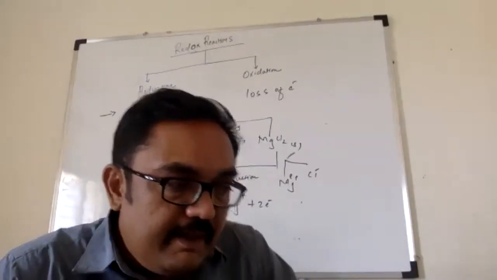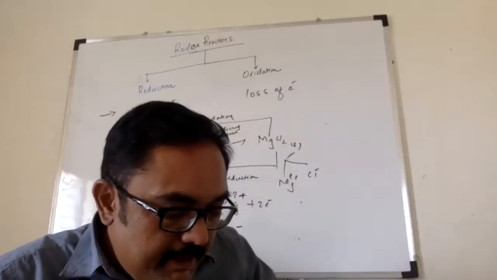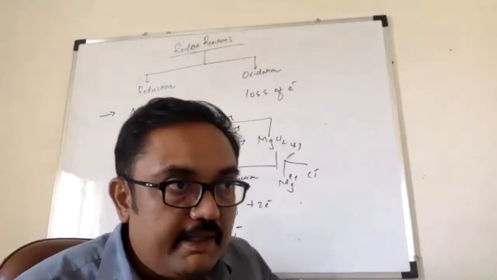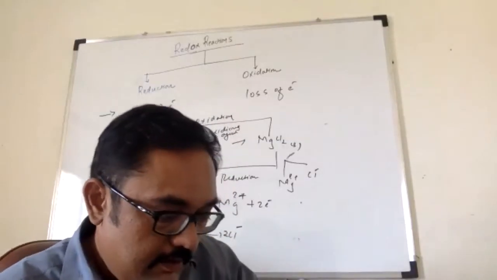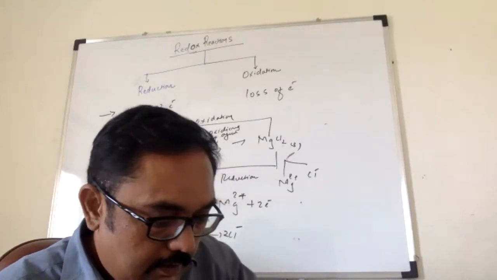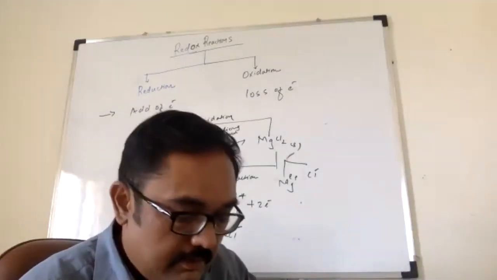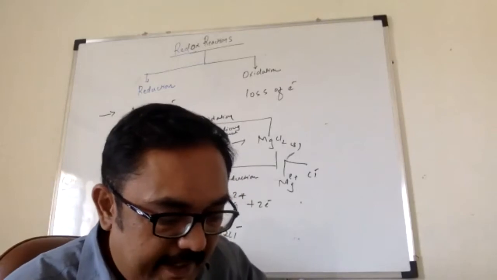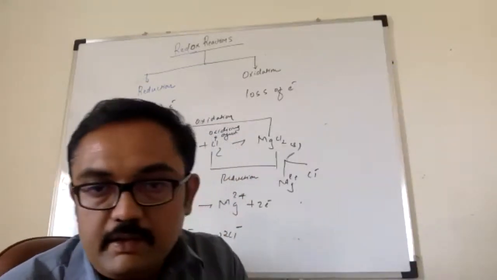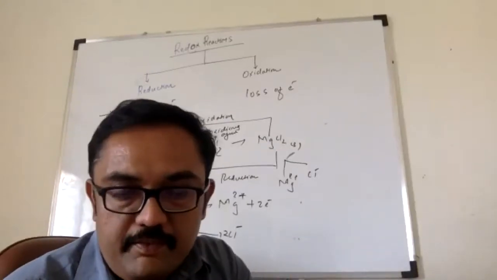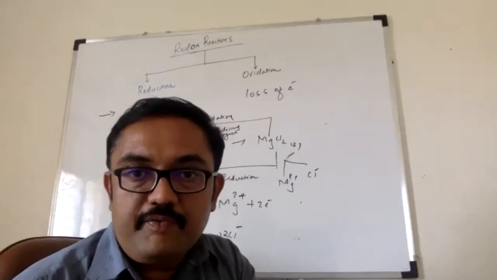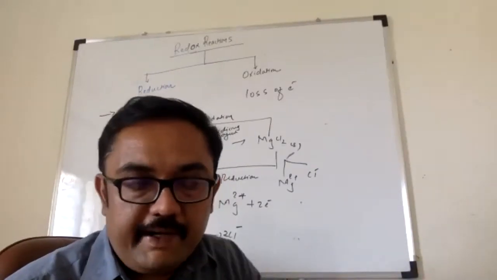Again, the questions are the same. Write the chemical equation, identify the oxidation half, reduction half, oxidizing agent and reducing agent. You have to do the same for all these equations. Whichever definition is applicable, apply that and find this.